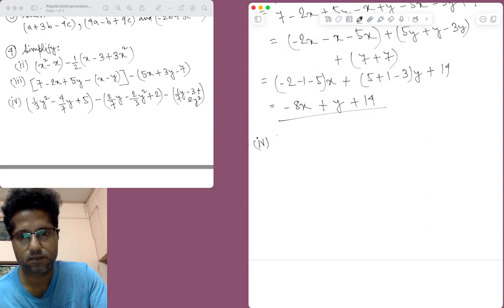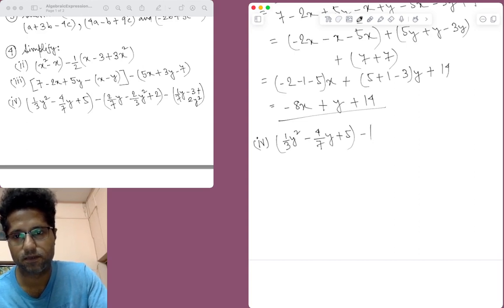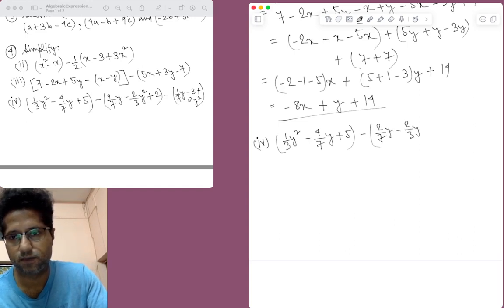This is 1 by 3 y square minus 4 by 7 y plus 5, minus 2 by 7 y minus 2 by 3 y square plus 2, and minus 1 by 7 y minus 3 plus 2 y square.